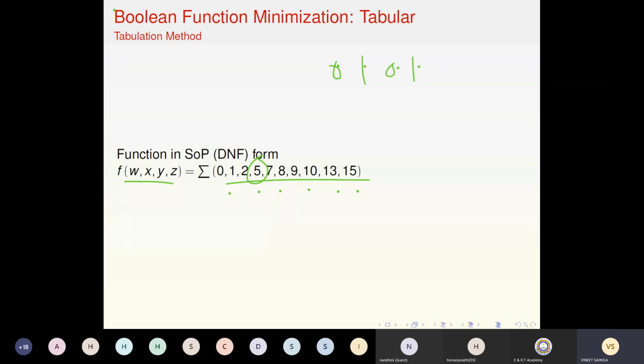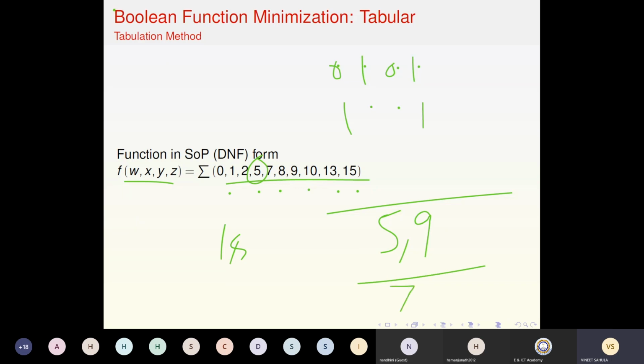Fine. How do you represent, let us say, 9? 1, 0, 0, 1. It also has 2 ones. So I have to group 5 and 9 together. I have to count the number of ones in each term in its Boolean equivalent representation and group them. So only 2 ones are there, so 5 and 9 are grouped.